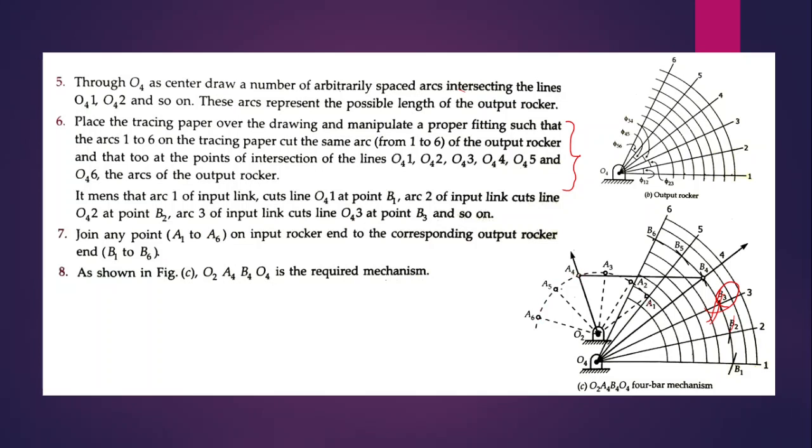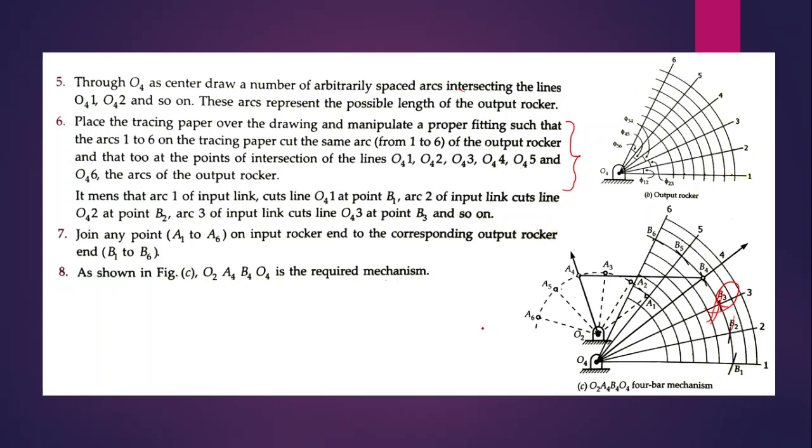If we select the input rocker end as A4, then we select the corresponding output rocker end as point B4. Then O2, A4, B4, O4 is the required mechanism.